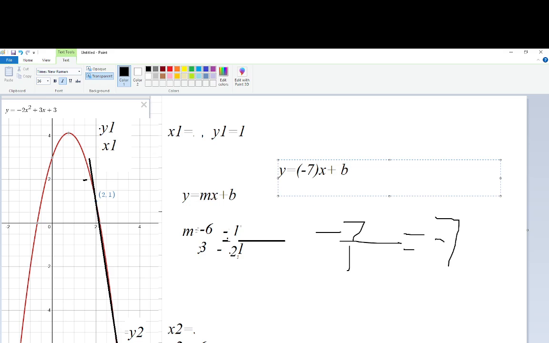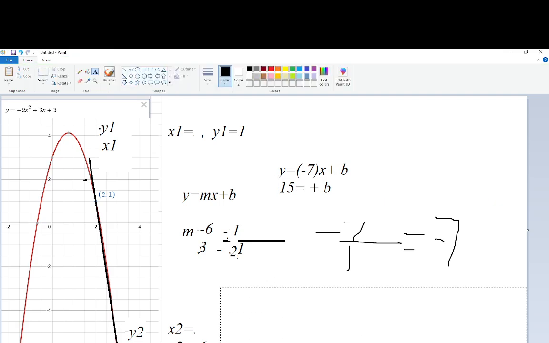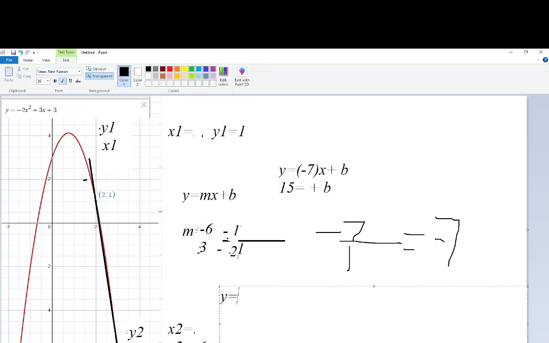Well, the easiest ones here are 2 for x and 1 for y. And this is to solve for b. Suddenly I discover b is 15, which means my line formula is y is equal to minus 7x. So now I just bring back the x and the y and replace just b and m, plus 15.